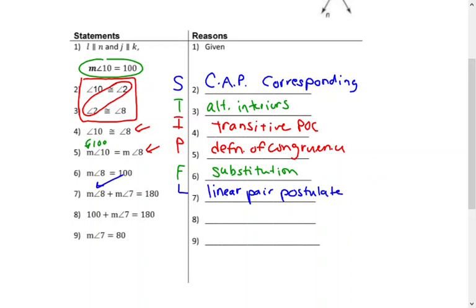We can change measure of 8 to 100, and we get our next step using substitution. Which is F. Okay, and our last step is to do what we're asked to prove, which is the measure of angle 7 is 80. And we got there by subtracting 100 from both sides. When we do that, we have the subtraction property. Substitution, which is B.